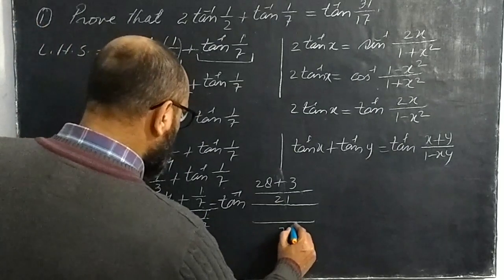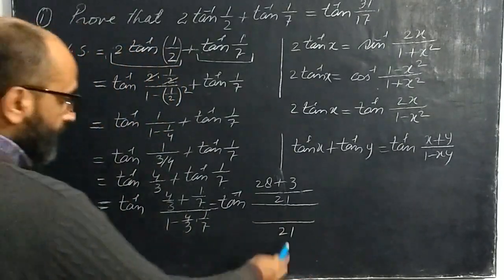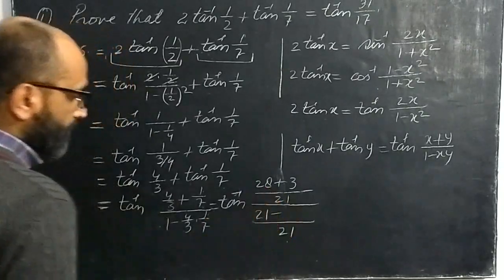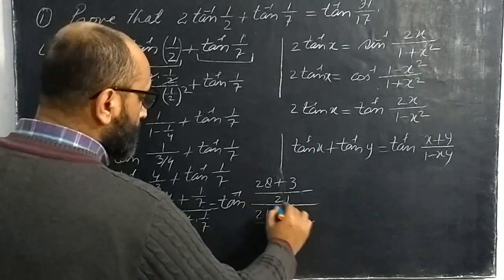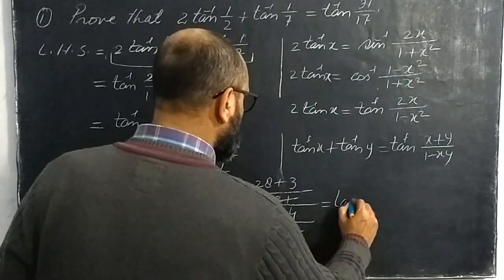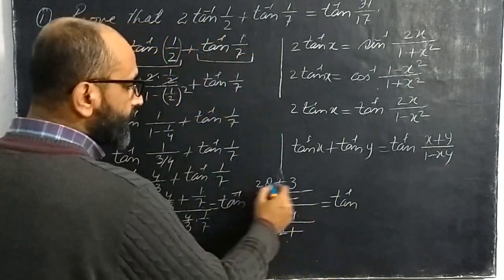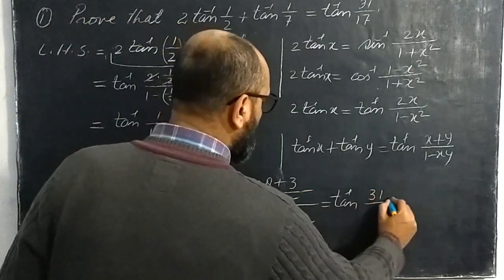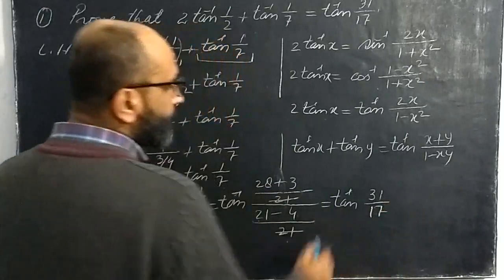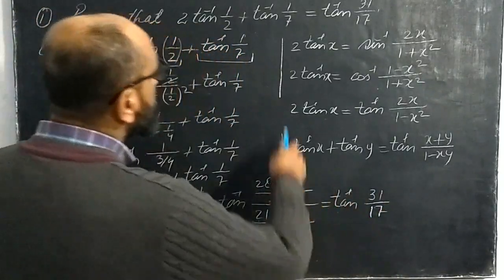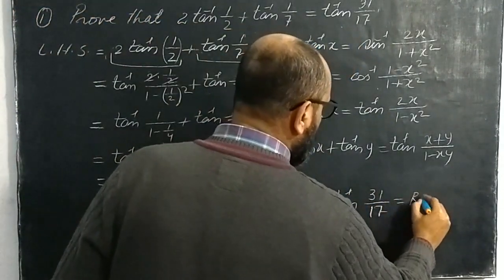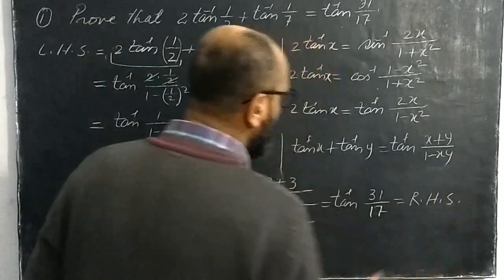So here we take LCM 21, and 21 will multiply this one, get 21 minus 4. So LCM is cancelled by LCM, and finally we get tan inverse 28 plus 3, 31 upon 21 minus 4, 17. So we get finally tan inverse 31 upon 17, which is exactly equal to the right hand side given in the question. So we write this is equal to right hand side.